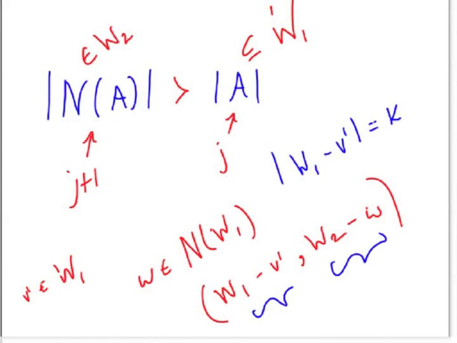And adding the edge from V to W to this complete matching produces a complete matching. So if we simply add these back in, then we have shown that we have a complete matching from W1 to W2, and this completes the greater than aspect of Hall's condition.